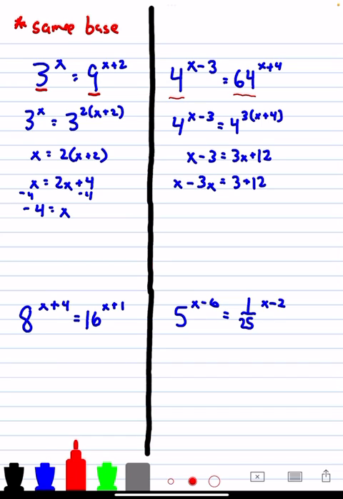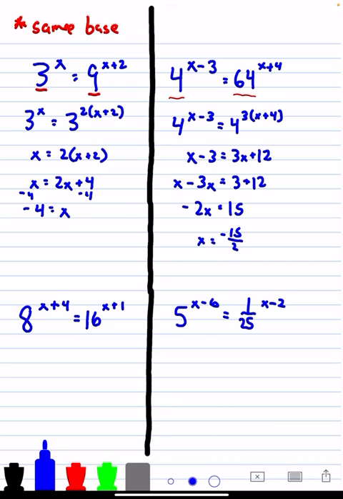This was a negative 3, and I moved it to the other side of the equation and made it positive. That gives us a negative 2x is equal to 15. And when we divide both sides by negative 2, x is equal to negative 15 halves. All right. So now, that's how we do these types of problems with the same base.